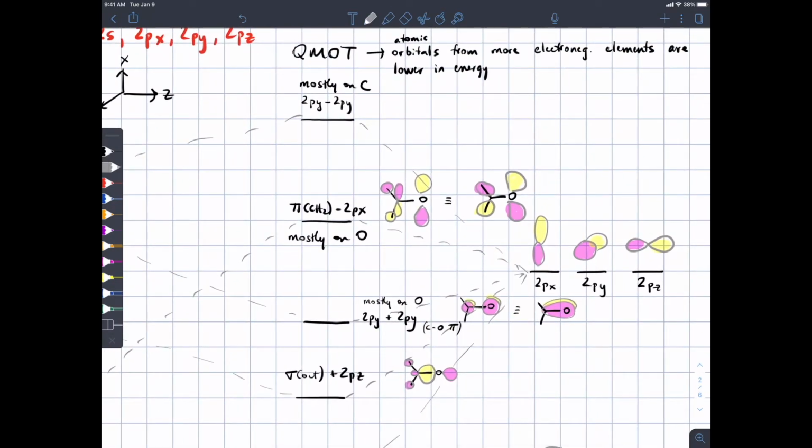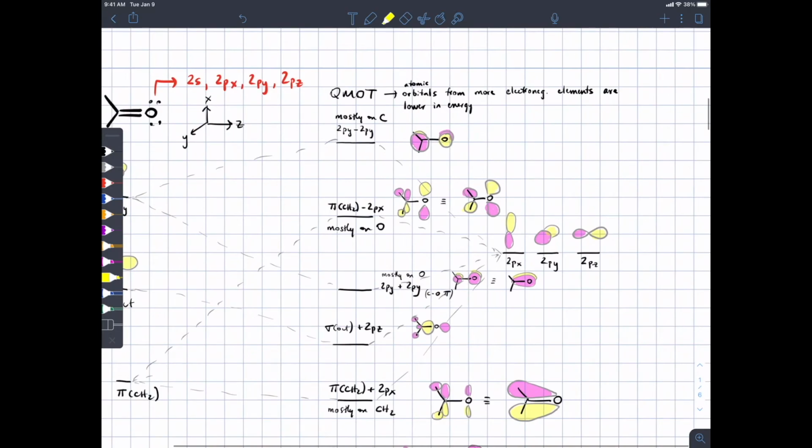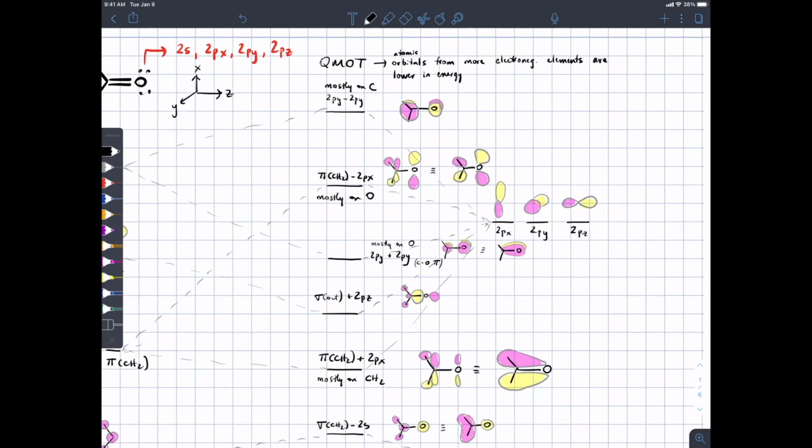Similarly, for the LUMO, the out-of-phase combination, we expect to see more of the minus combination on the carbon and less of the minus combination on the oxygen. We would have called this the carbon-oxygen pi star, perhaps, in a sophomore organic course. All right.